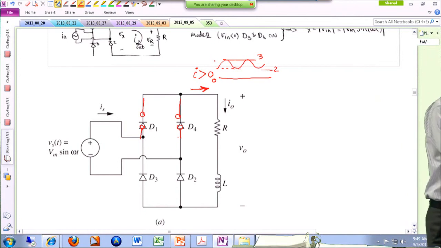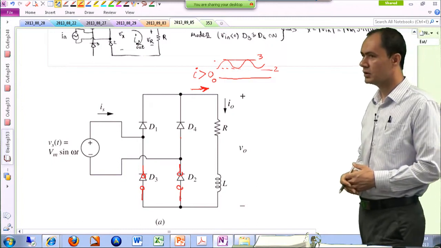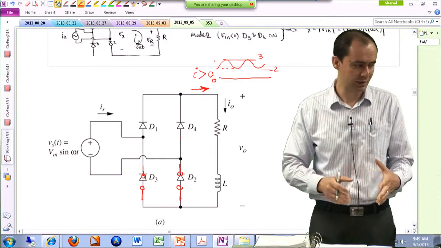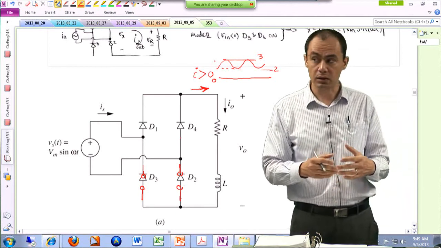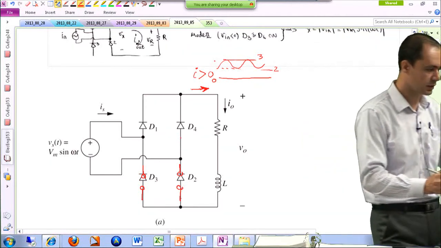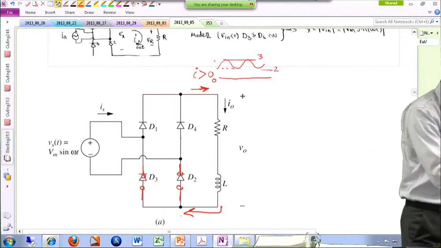That's not going to happen. You can make the same argument for D3 and D2. It's not possible for both of these diodes to be off at the same time, because that violates the assumption that the current is continuous. If this is open and this is open, then where is this going to flow through?